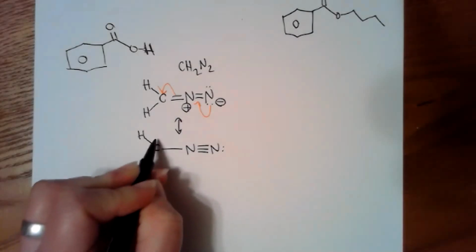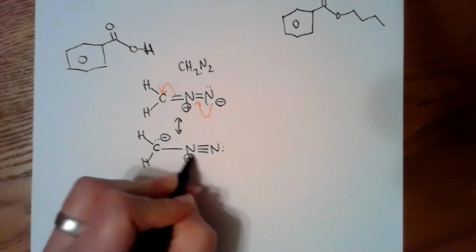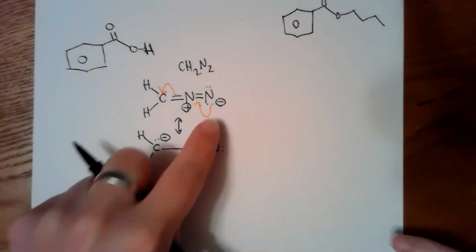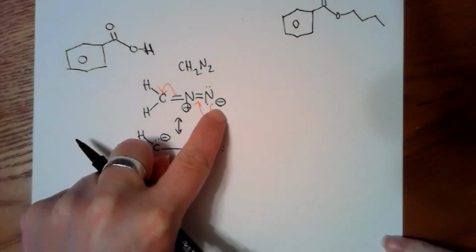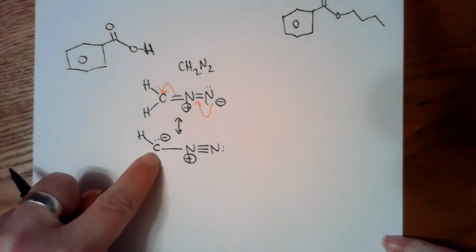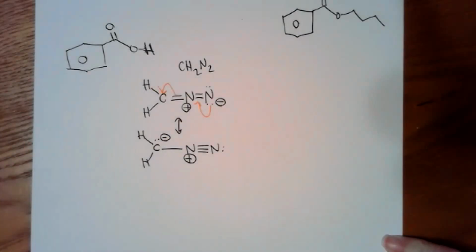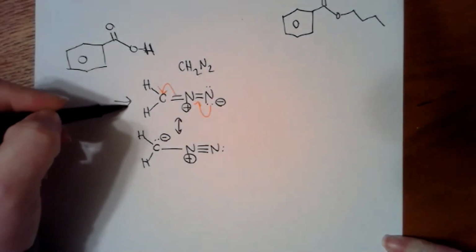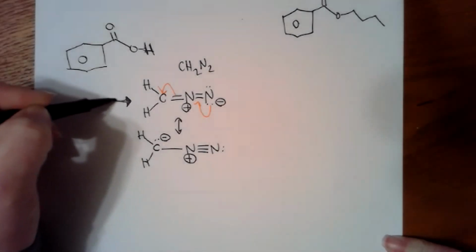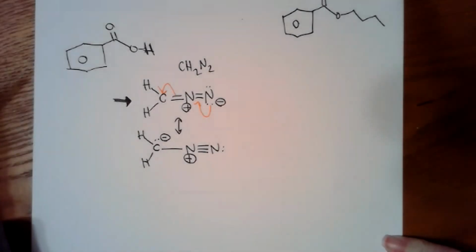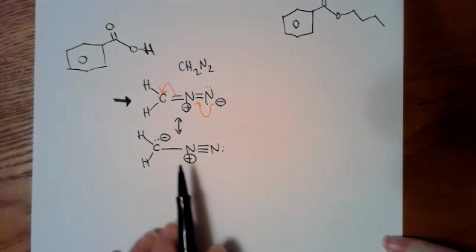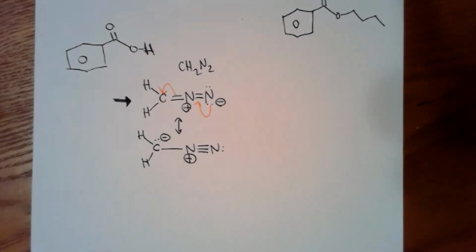So the nitrogen is negative on the terminal end versus the carbon being negative, and the nitrogen's positive in the middle. Both resonance structures have an octet. This one is your winner chicken dinner, more important resonance contributor, but this one is the one that's going to do something useful for me.